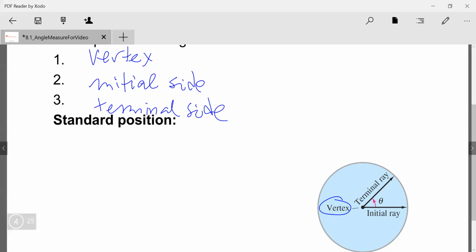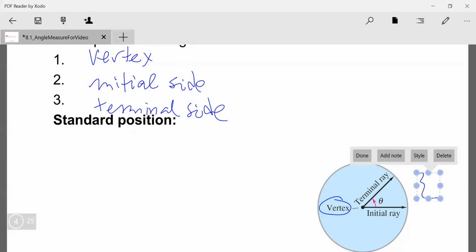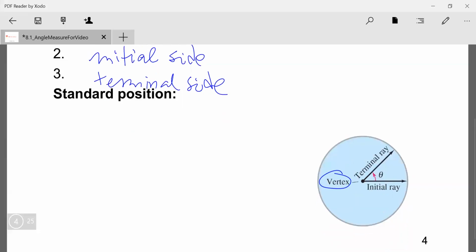Now, if we have a coordinate system for a plane, like this one, here's the x-axis, here's the y-axis, and here's the origin.